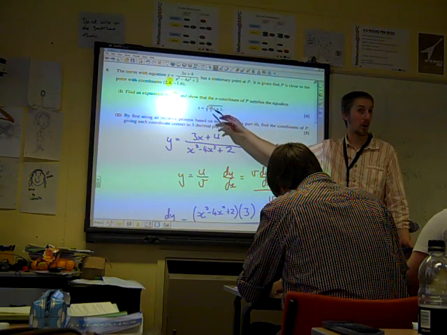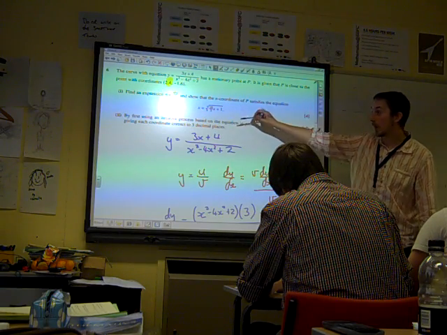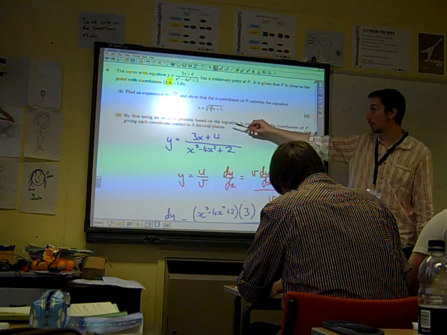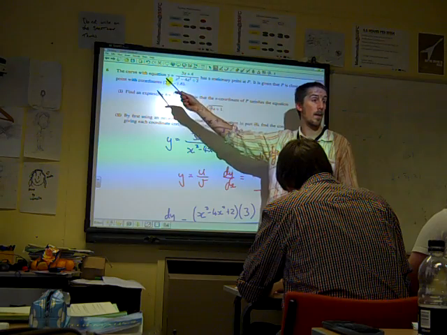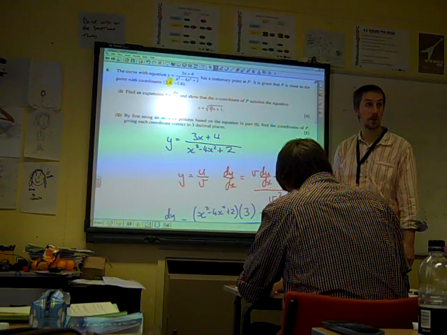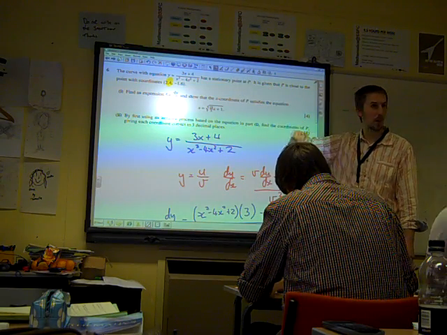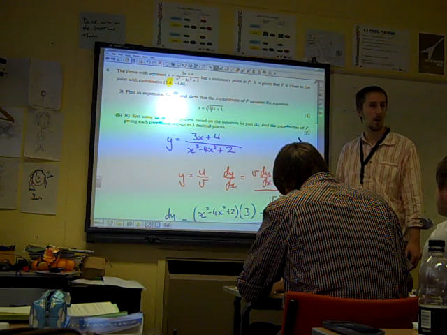Your differentiation could have gone hideously wrong. But when you come to part 2 here, you've got a clean start, so you can go straight in and turn that into an iterative formula, throwing 2.4 into it, doing your 4 or 5 iterations, and then subbing that value into the y equation. None of that was any kind of high-level stuff, and that was 5 marks for the second part.